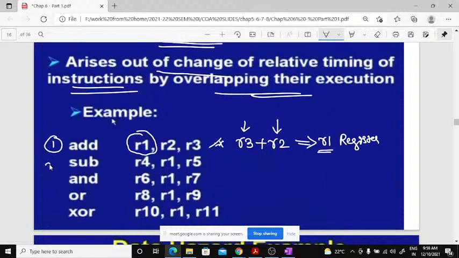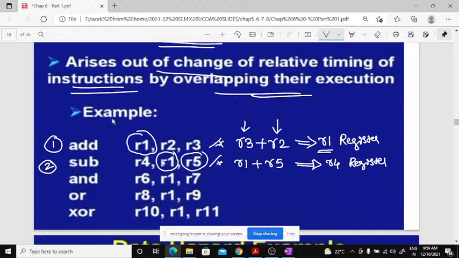And the second instruction, you can observe, is subtraction. It takes the content of R1 and R5, and stores the result in the R4 register. So here you can observe the content of R1 and the content of R5.